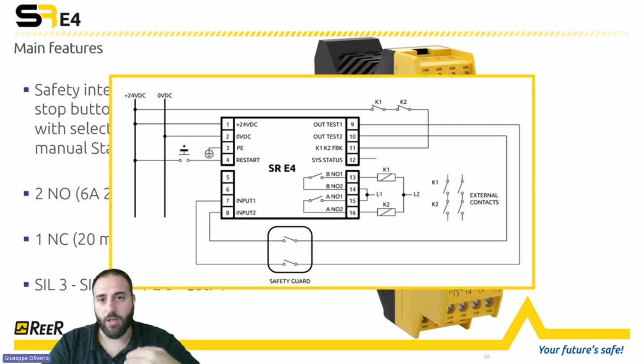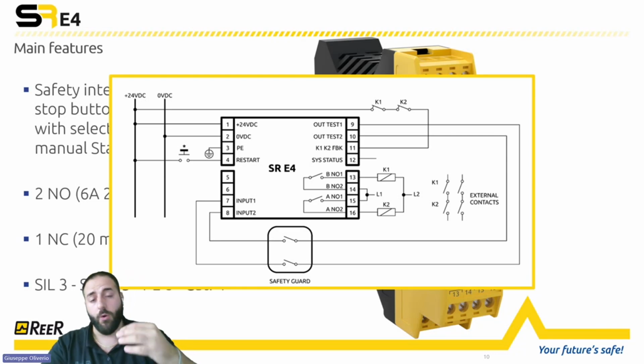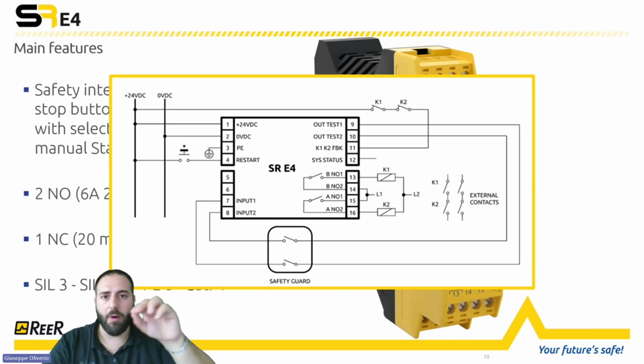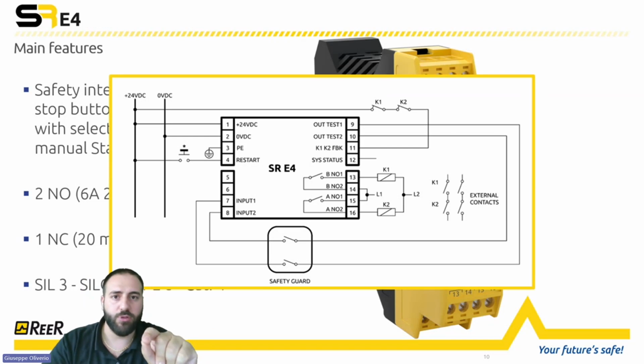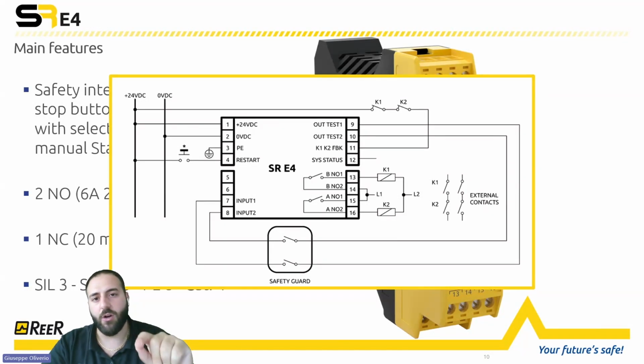And this function also increase the diagnostic coverage on the device, so on the safety guard, on the emergency stop, on the interlock switches, and by increasing also the diagnostic coverage, you can also increase your performance level. Then, you can supply the contact from the output test, and you close the loop by connecting the output test to the contact and the contacts to the inputs present on the SRE4.